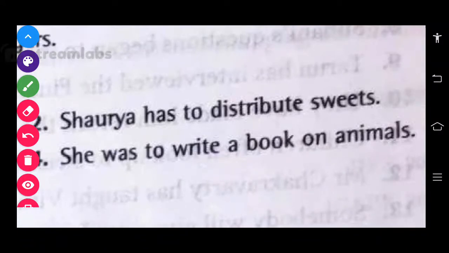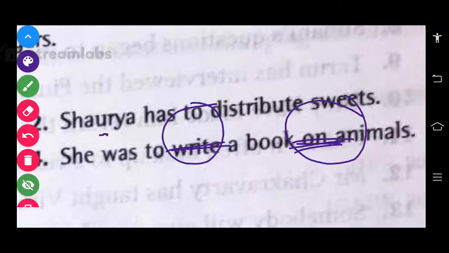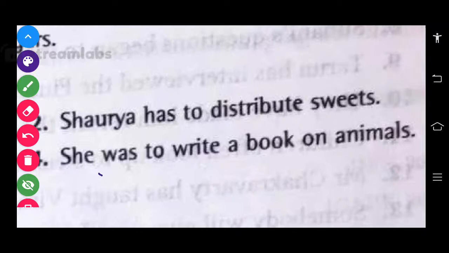Book on animals. Can you answer? This is the last but not least example. Here, was to write is a verb, but here was to is an auxiliary.